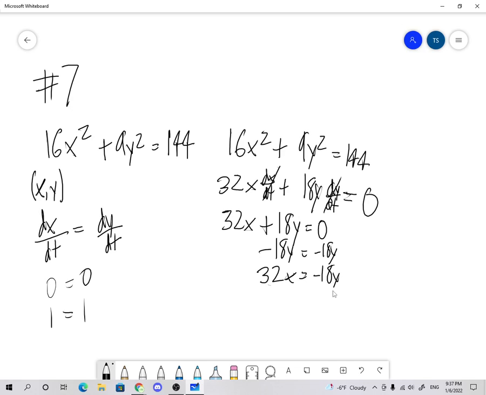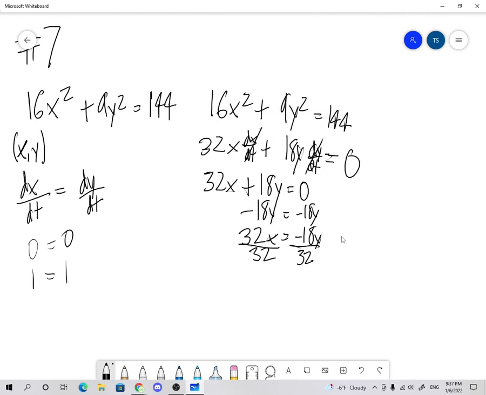Then I'm going to divide by 32 on both sides, and if you remember that you can divide both by 2, then you get that x is equal to negative 9 over 16 y. Cool, so now we have our x value.